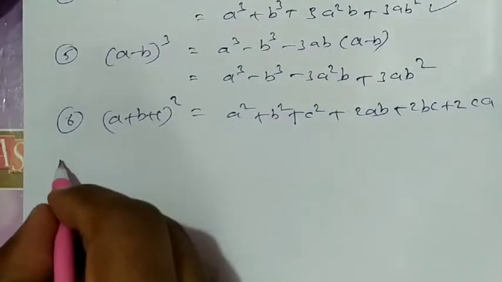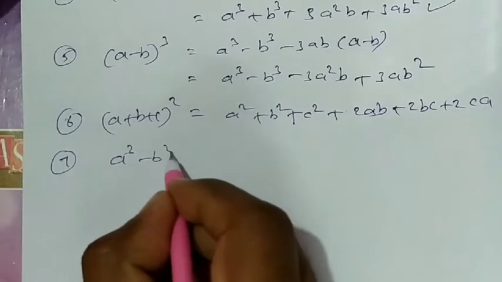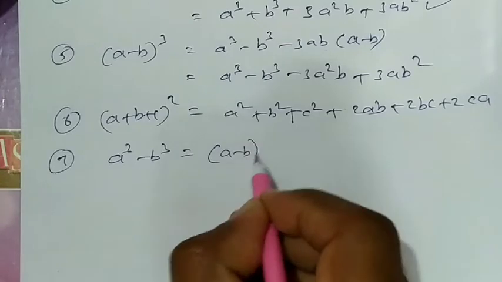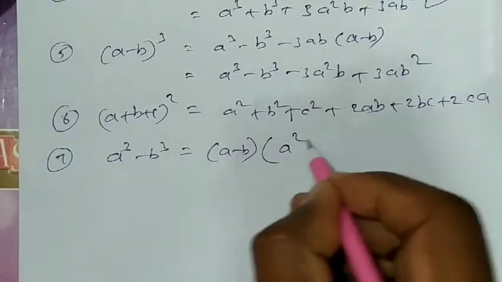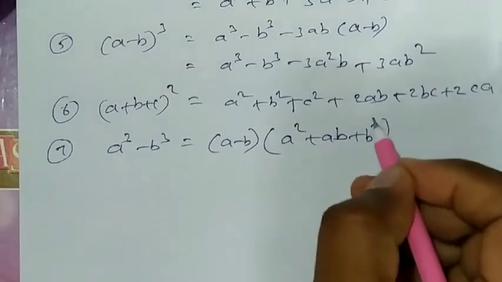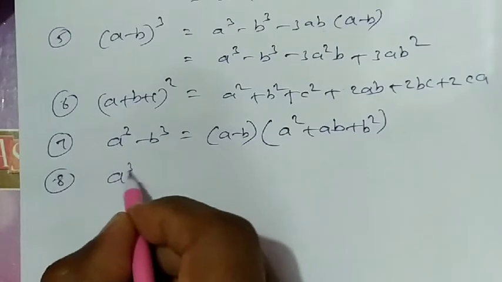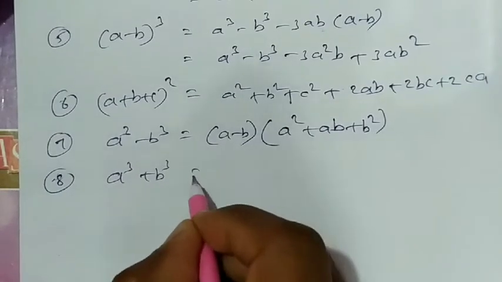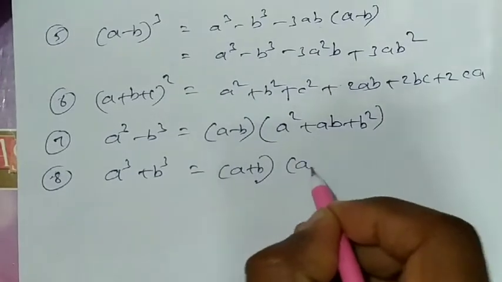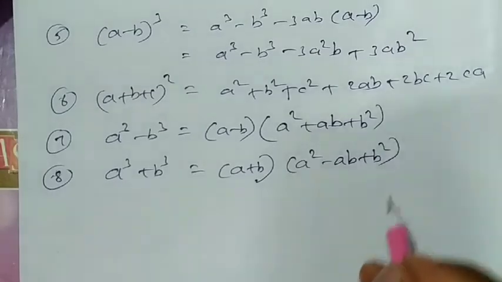And next one, a cube minus b cube is equal to (a minus b) into (a square plus ab plus b square). And next, the eighth one, a cube plus b cube can be written as (a plus b) into (a square minus ab plus b square).